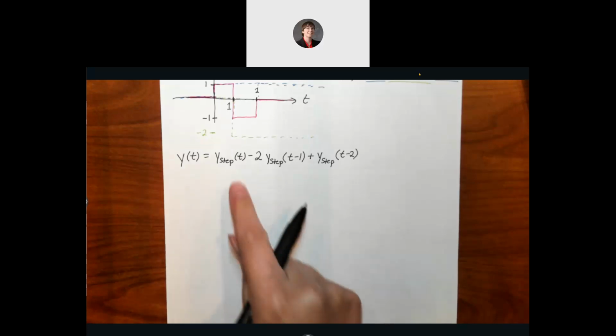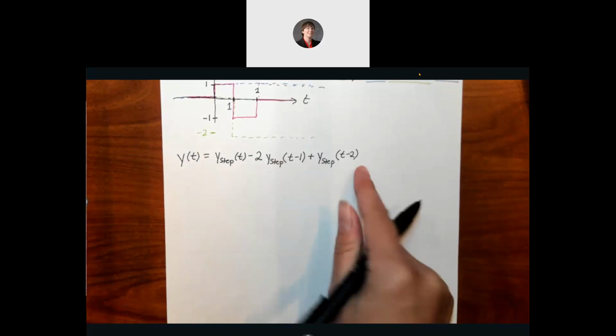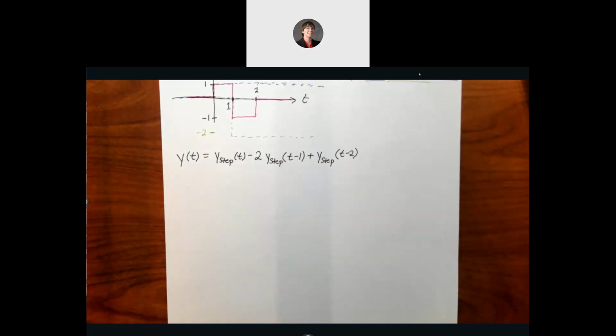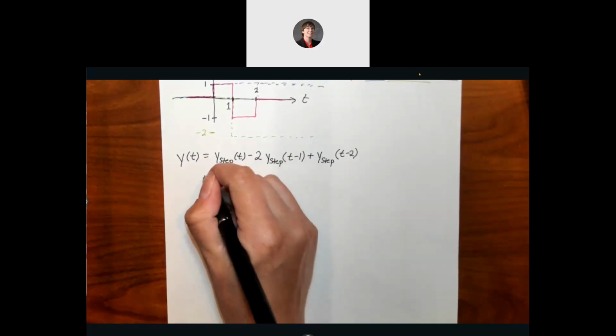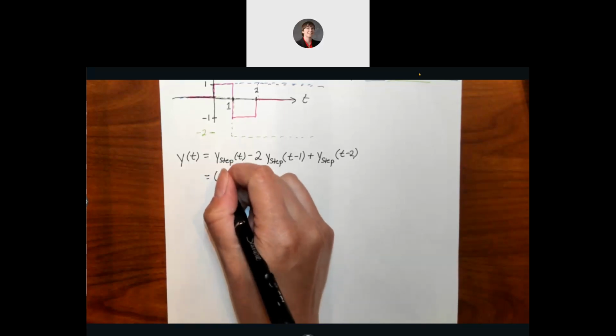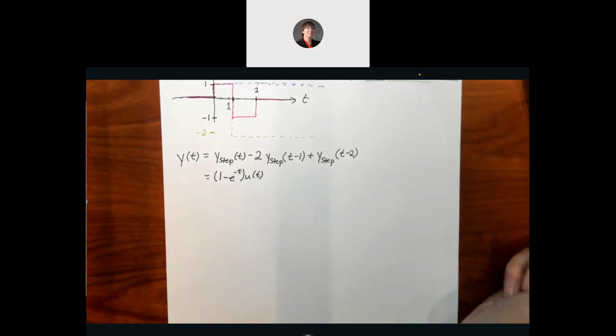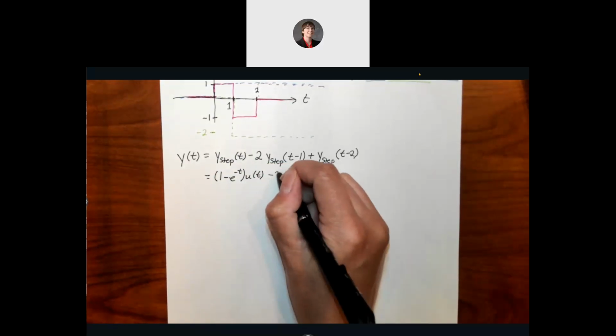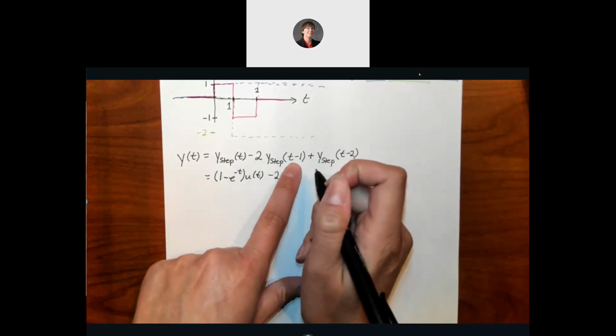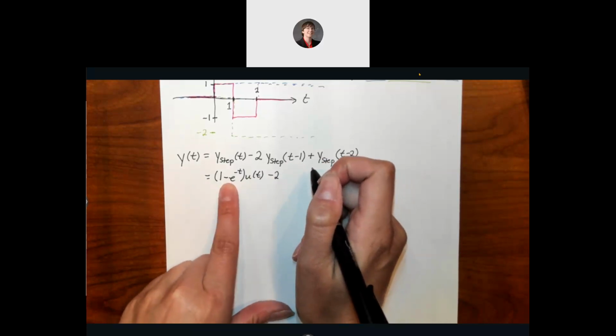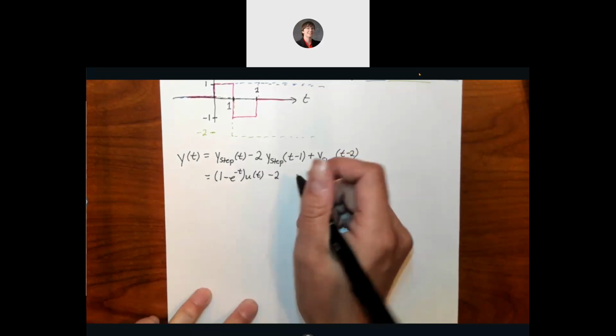So now, what I need to do is just plug in my t's into what I had for my y step. So my y step was (1 minus e to the minus t) u of t. Now we have a scale factor, and everywhere that I have a t in my y step, I'm substituting t minus 1.